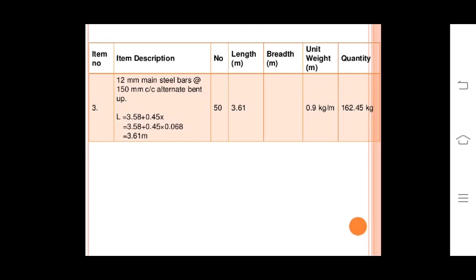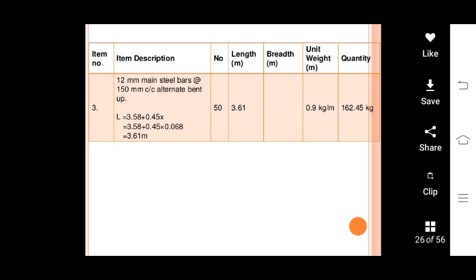These quantities are entered into the bar bending schedule, that is 12 mm main steel bars at 150 center to center, alternate bent up. The length is equal to 3.58 plus 0.45x, which is equal to 3.61.